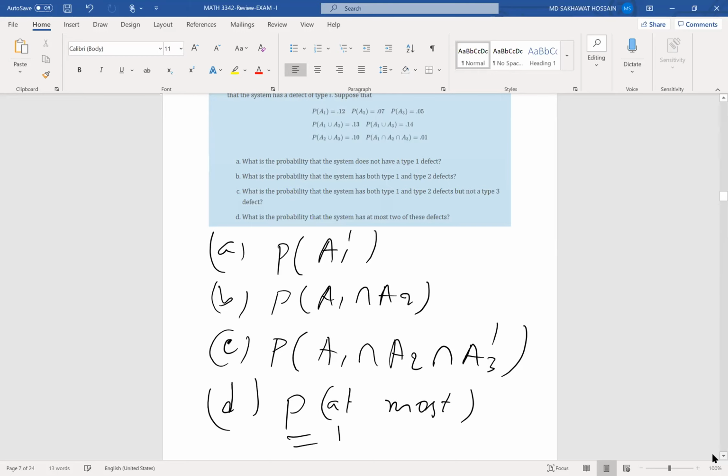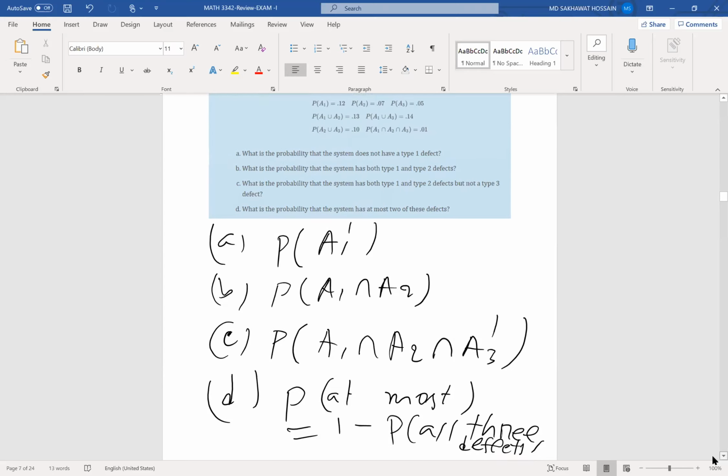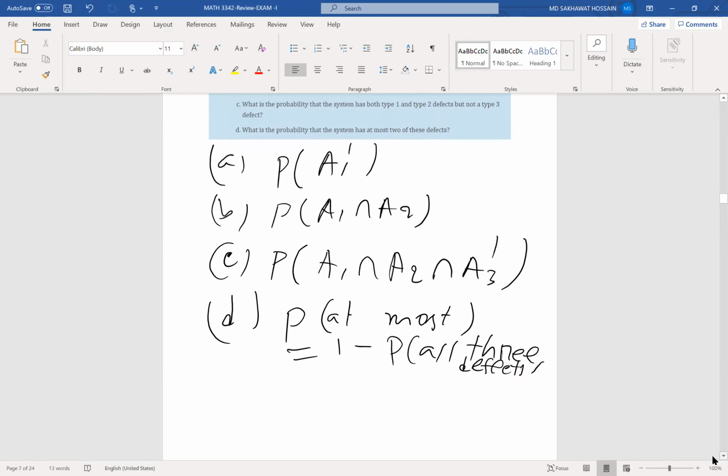So it is the complement of the probability of all three defects. That means you have to find 1 minus the probability that it has defect 1 and defect 2 and defect 3, which is 1 minus the probability of A1 intersection A2 intersection A3.